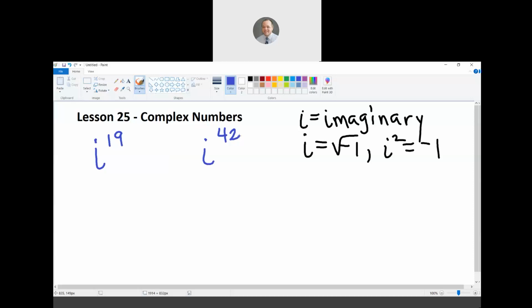The easiest thing to do is divide 42 by 2. And the reason why I'm dividing by 2 is because we know i squared is -1. So we can rewrite 42 as 2 times 21.